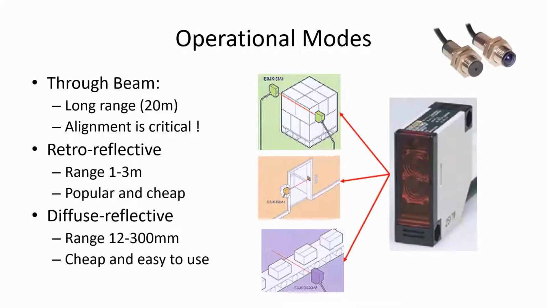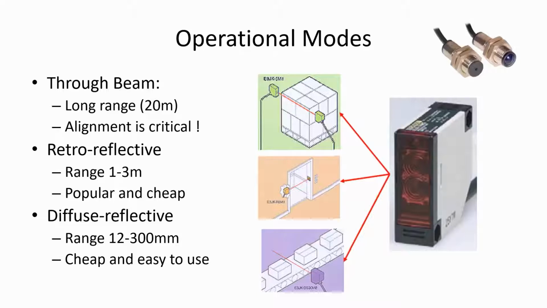Then the retro-reflective type. In this type, the range can be from 1 to 3 meters, and these sensors are very popular and cheaper compared to the through beam. Here there will be a reflecting surface, and the sensor has the transmitter and receiver on the same side.